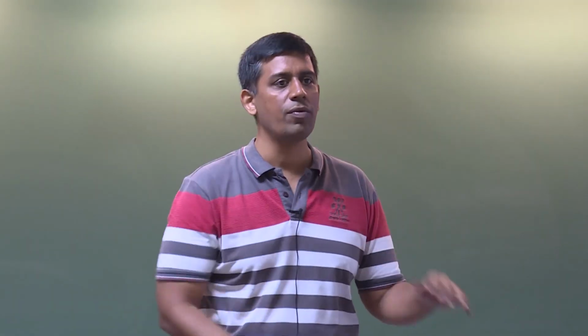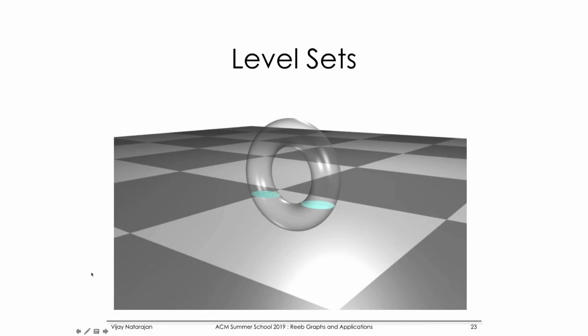Okay? You take every connected component of the level set, shrink it to a point. Right? Imagine what will happen to the collection of level sets. Right? So that exactly is your Reeb graph. So as you sweep up, one connected component shrinking to a point, and then this. Does that make sense? Right? So every connected component is shrinking to a point.